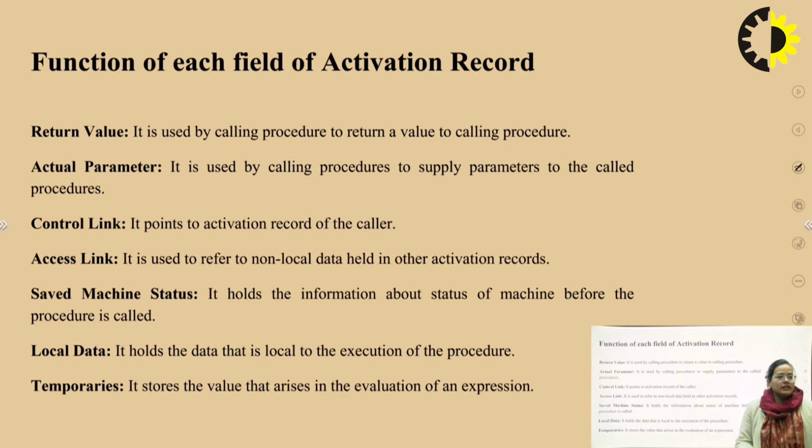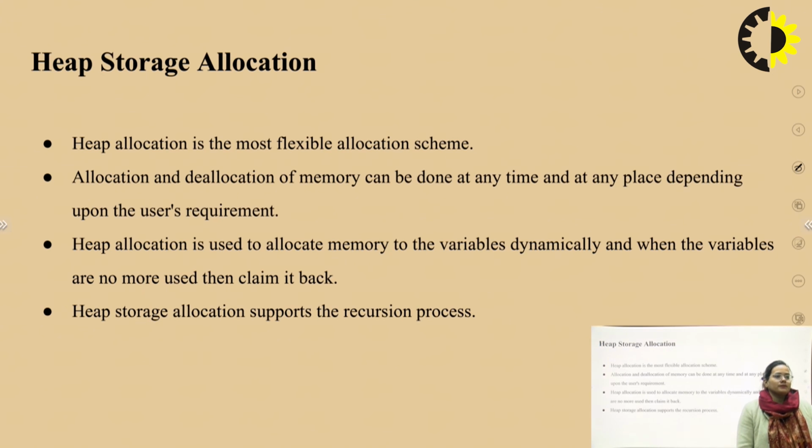Control link points to the activation record of the caller. Access link is used to refer to non-local data held in other activation records. Saved machine status holds the information about the status of the machine before the procedure is called. Local data holds the data that is local to the execution of the procedure. Temporaries store the values that arise in the evaluation of an expression.